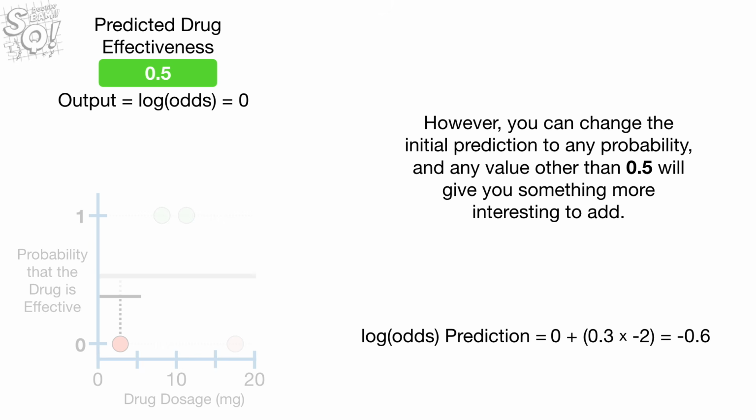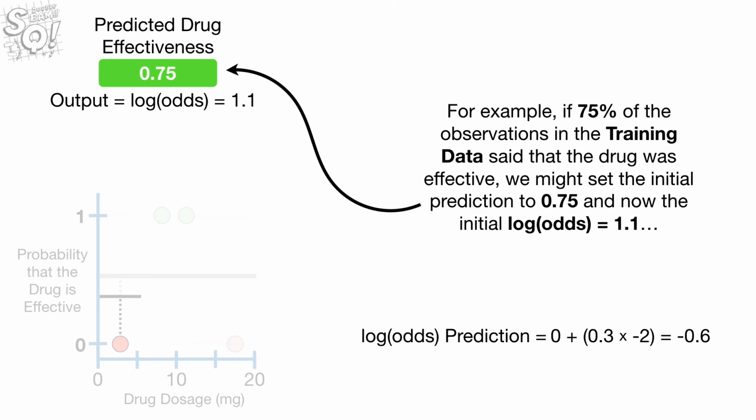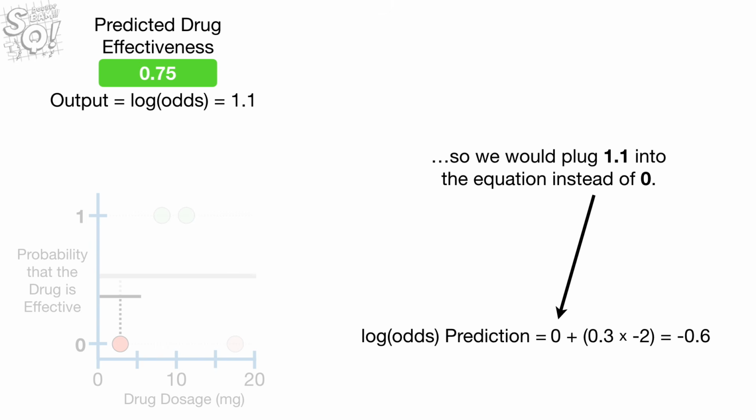However, you can change the initial prediction to any probability, and any value other than 0.5 will give you something more interesting to add. For example, if 75% of the observations in the training data said that the drug was effective, we might set the initial prediction to 0.75, and now the initial log of the odds equals 1.1, so we would plug 1.1 into the equation instead of 0.